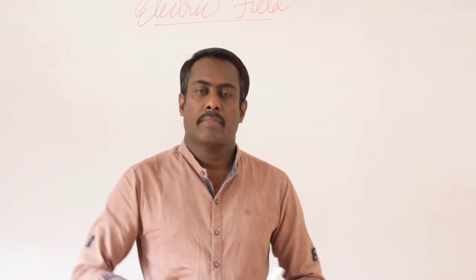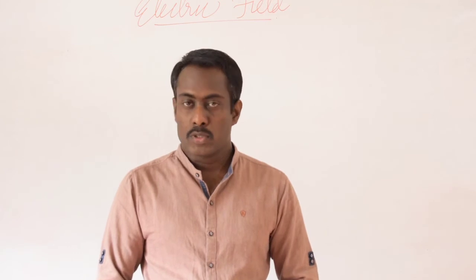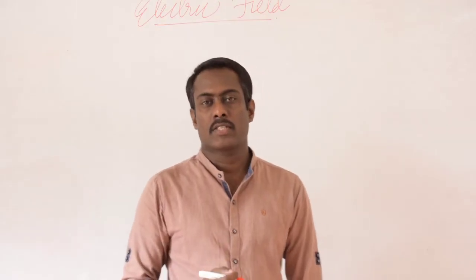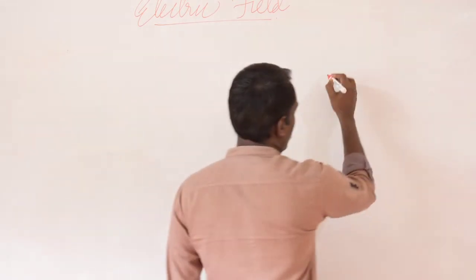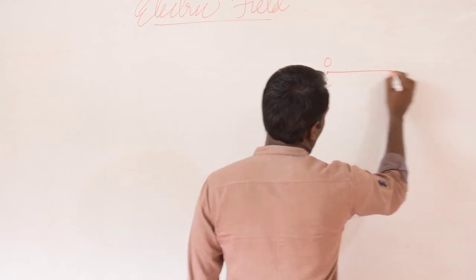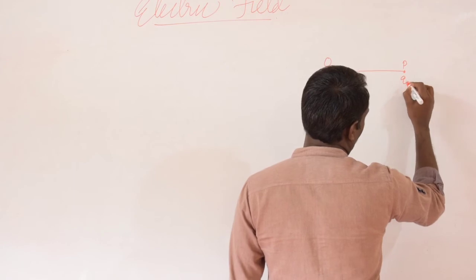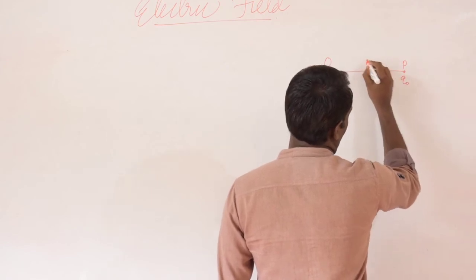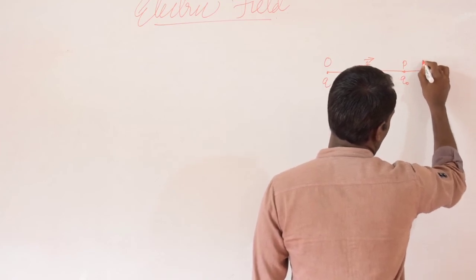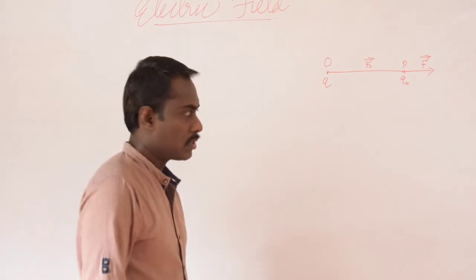Now what will be the magnitude of the electric field produced by a point charge? Consider a charge Q placed at the origin O, and another charge Q0 placed at the point P at a distance r, where F is the force exerted by the charge Q on charge Q0.